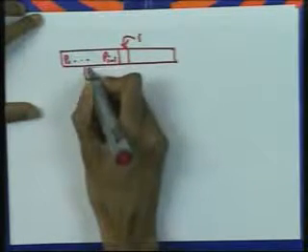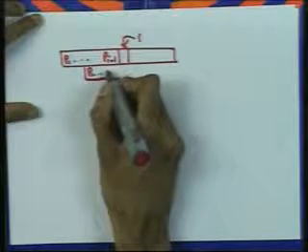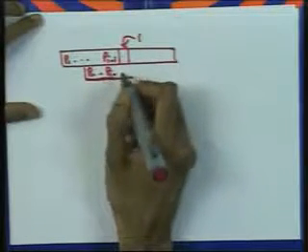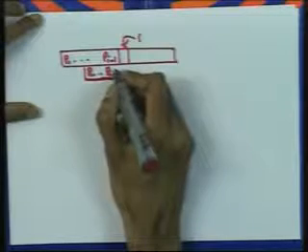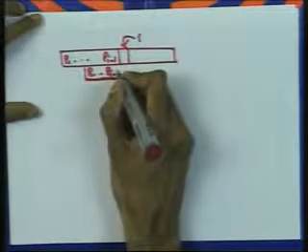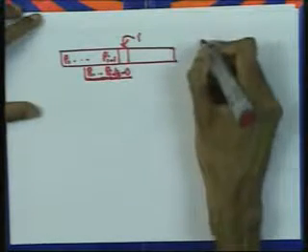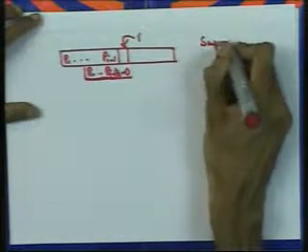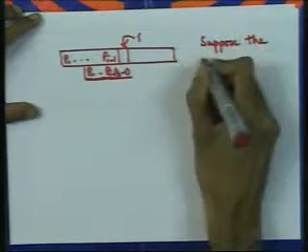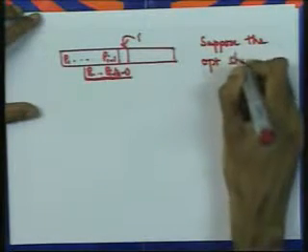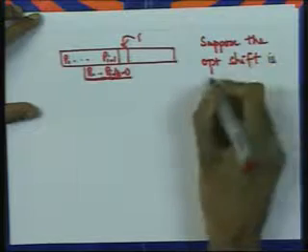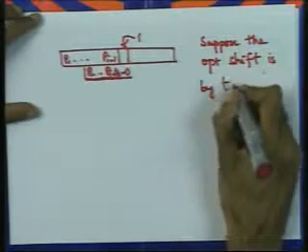So P1 and so on, up to, let's say, t minus 1. So supposing the optimum shift is by t characters.